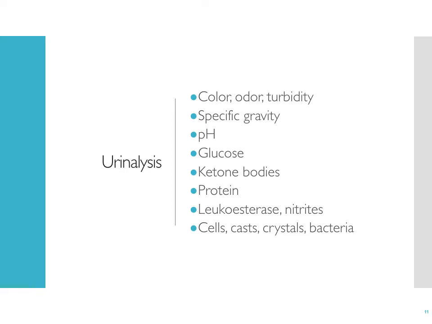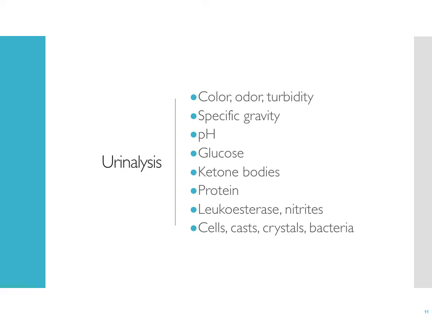If there's protein itself in the urine, in some cases, a small amount of protein is not considered abnormal, but in general, we shouldn't have any protein in our urines. But what we do find is, especially like pregnant women, will have a small amount of protein in their urine.